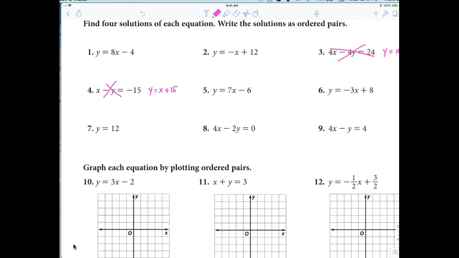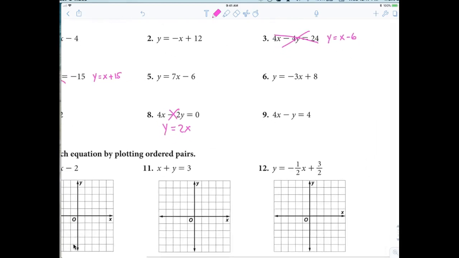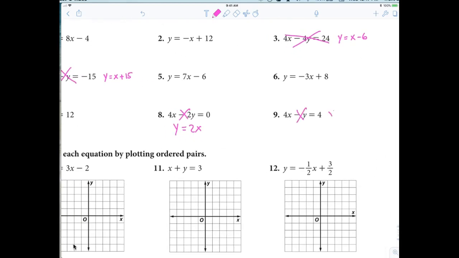And number 8, I need to show you number 8. Oh boy. Number 8, I want you to write y equals, hold up, do not go anywhere. I'm changing the work. Y equals 2x. Number 9, y equals 4x minus 4.